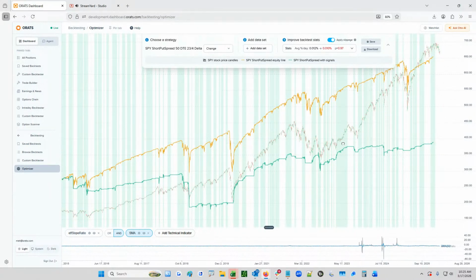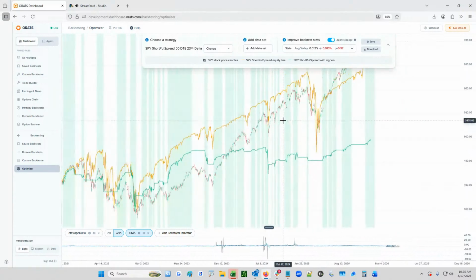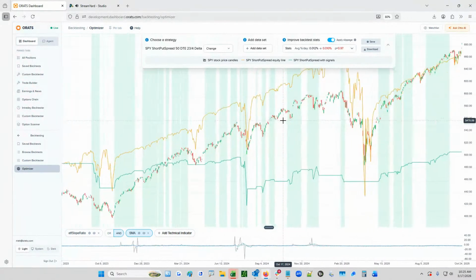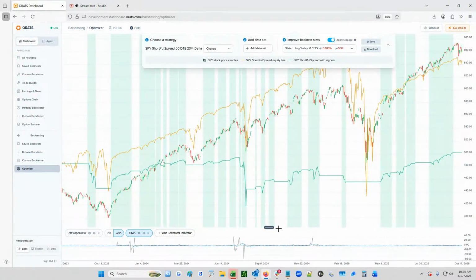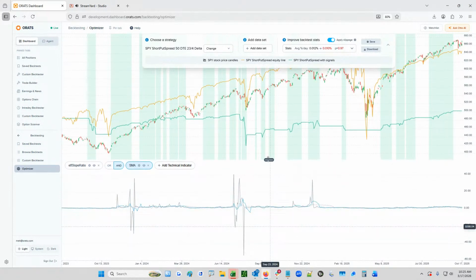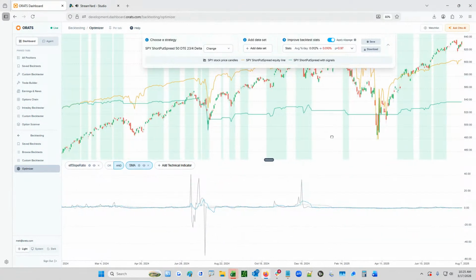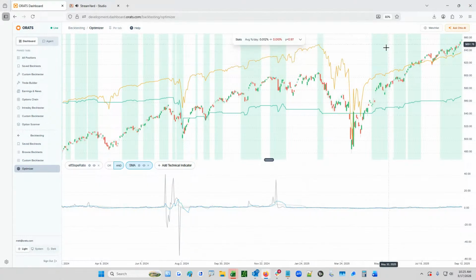Now let's look at how quickly it was getting us back in, or how slowly it got us back in, right? Again, this is a little mundane, but this is what you need to do as a trader: figure out and use this data to help your trading. I actually think this is a pretty good entry point.